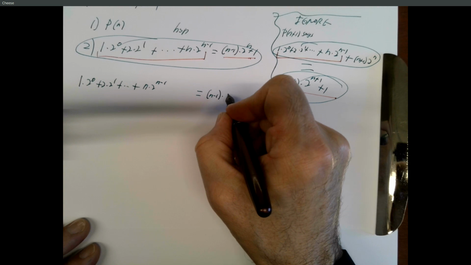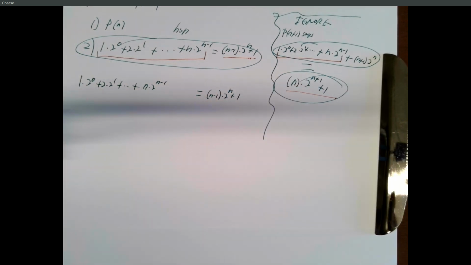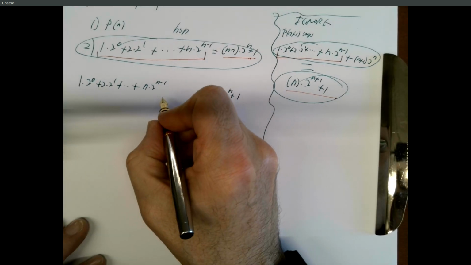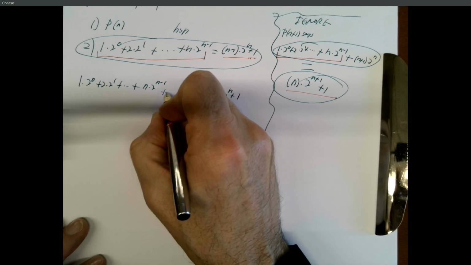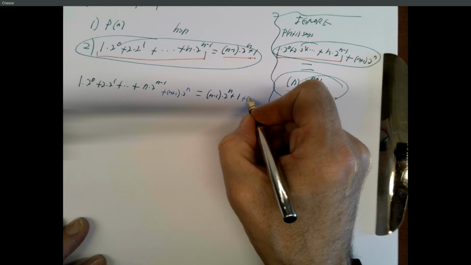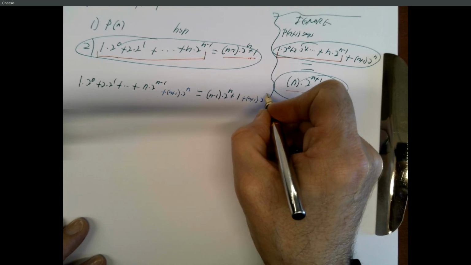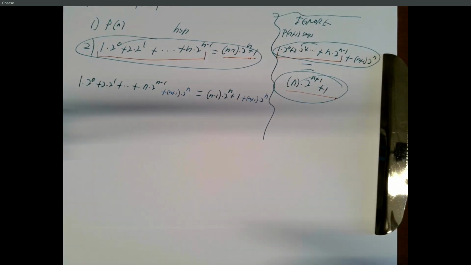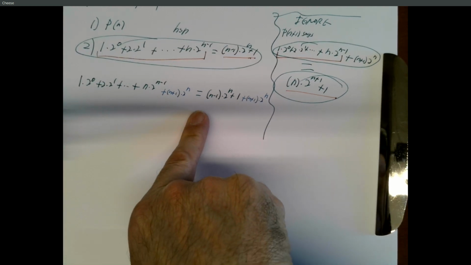That's still just proposition P of n, but let's add something to both sides. Let's add n plus 1 times 2 to the n. I've added it to both sides. This is still absolutely equal.